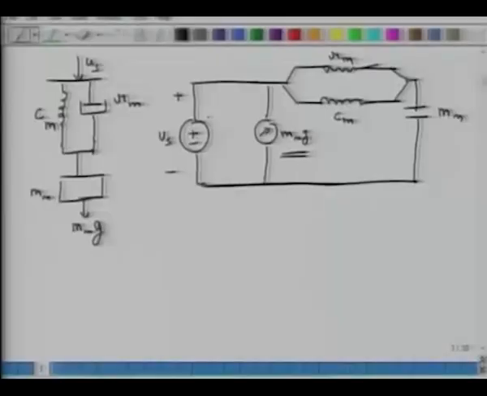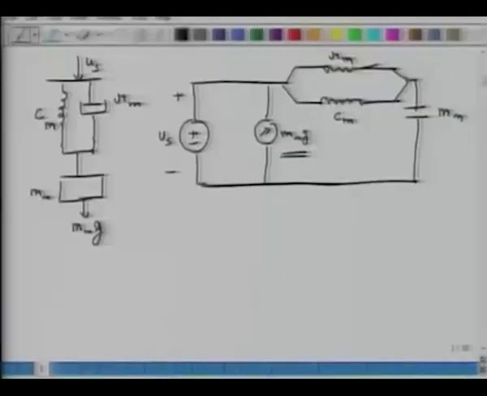I can figure out the displacement of that, then I apply an external voltage and again solve it. So my total displacement will be the initial displacement, which is a consequence of gravity, plus the displacement due to this excitation velocity. So that is how I can solve it.